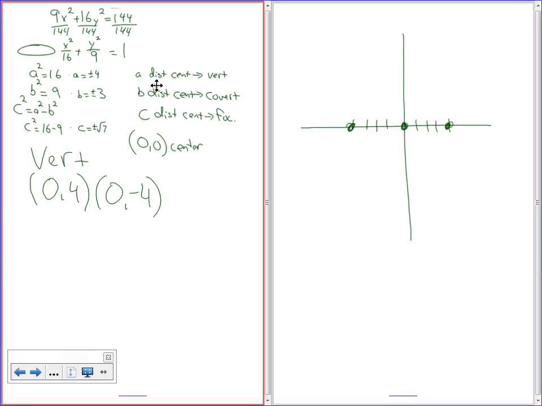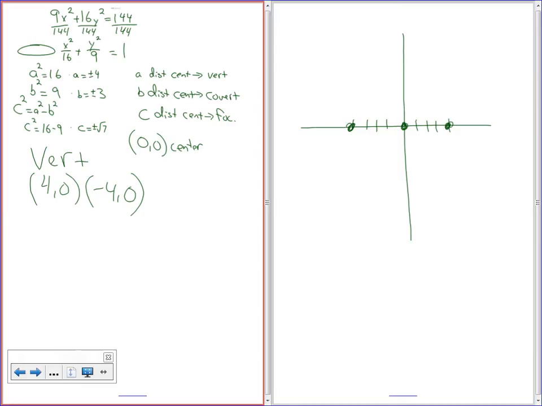Please don't write 0 plus or minus 4, because that won't work when we shift it. Get in the habit right now. Oh, my bad. I thought I said it that way. I wrote it in pen.